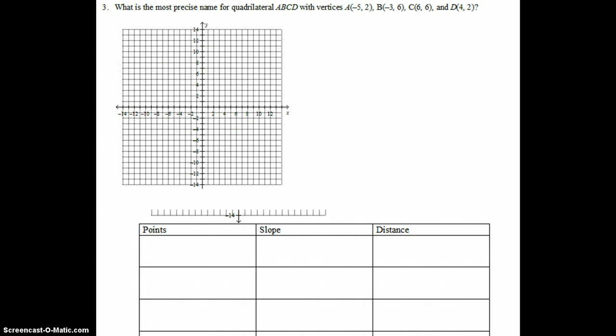Now, this is the one where people are going to go crazy, because this is probably the most challenging problem in the test. This one says, what's the most precise name that you can give for this? So I'm going to start by graphing it so I know what I'm looking at. So A is -5, 2, which would be right here. B is -3 and then 6.